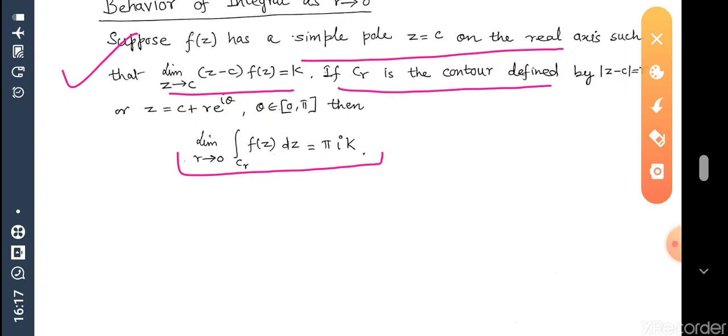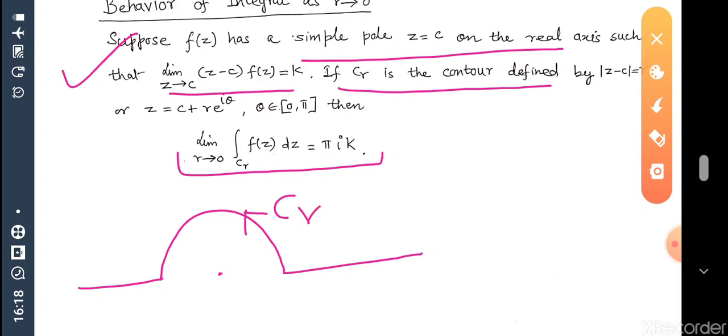That is, this theorem states that if we integrate a function along the contour c_r in the counterclockwise direction whose center is z equal to c and radius is very small, then the value of this integration is pi i times k.